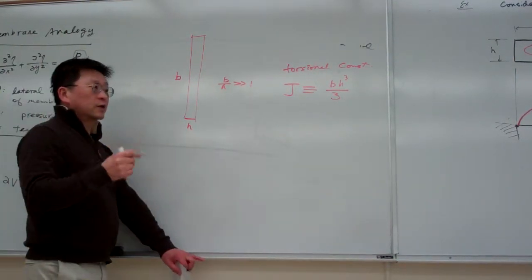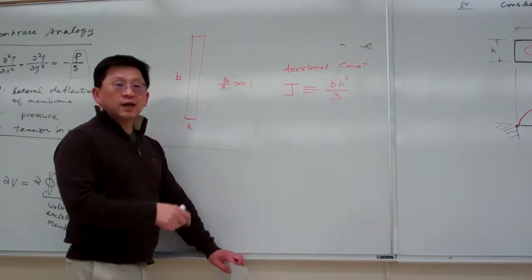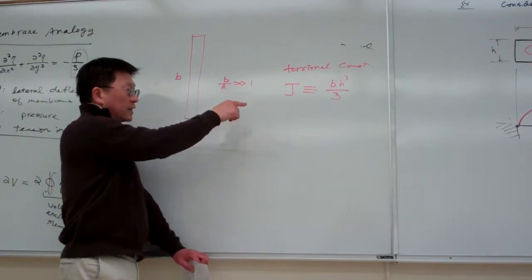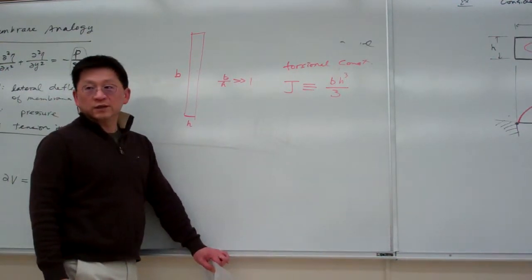If you check against our tables, when approaching large B over H, that is the formula we have been through.